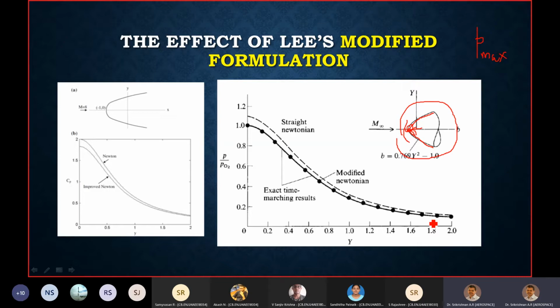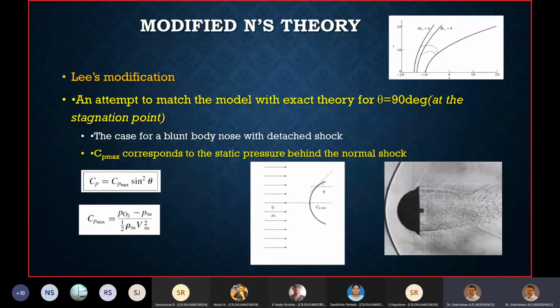That is going to be the static pressure after the normal shock, and then subsequently you can use the Newton's sine squared theta formulation. Okay, now I'll go back. So this is basically the background of the Lee's modification.